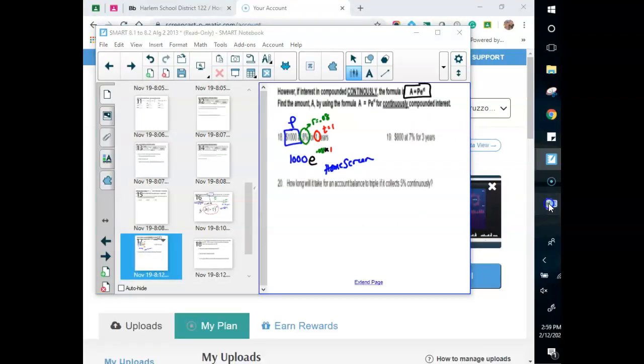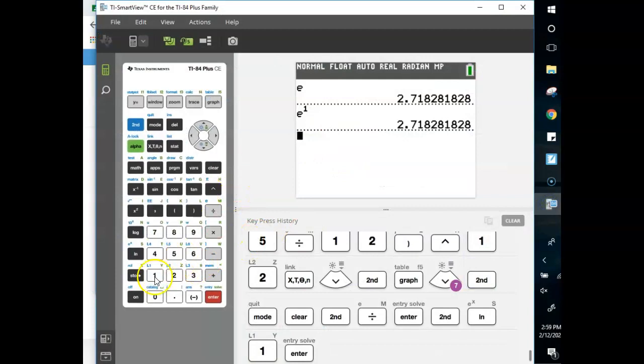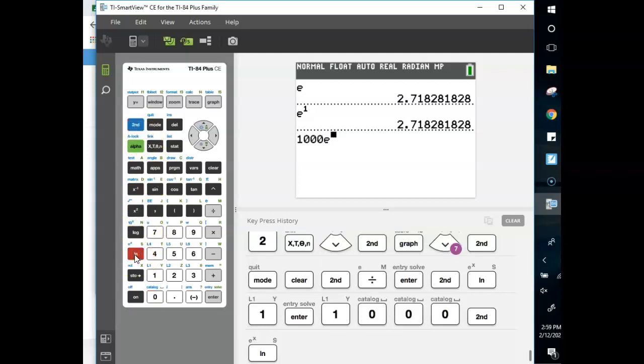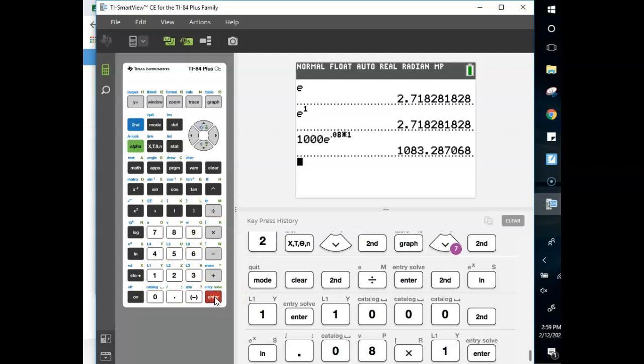I'm going to type 1,000. I'm going to use the E that's above the natural log key because it automatically pulls up the caret exponent position for me, which is nice. And then I type 0.08. Do I really have to type times 1? No, but for the sake of my process, I'm going to do it anyways.